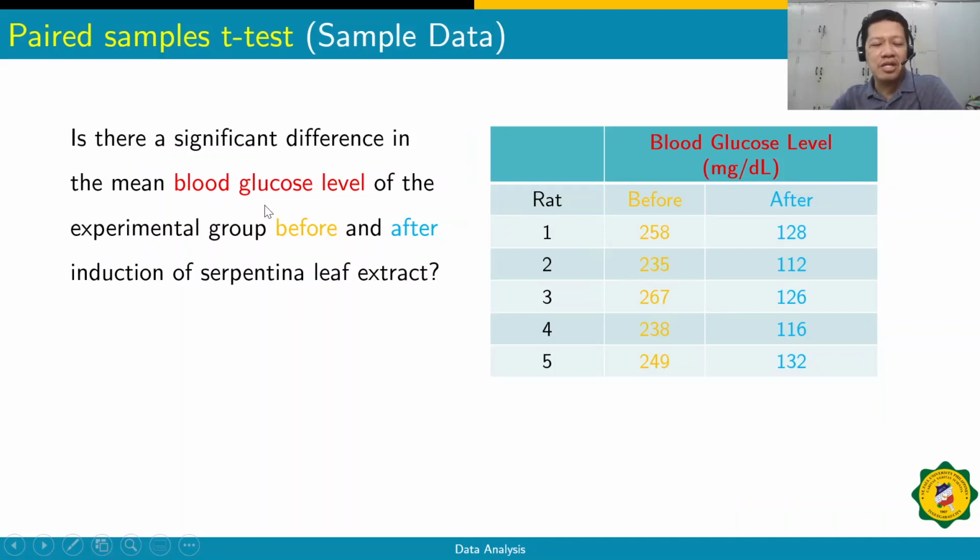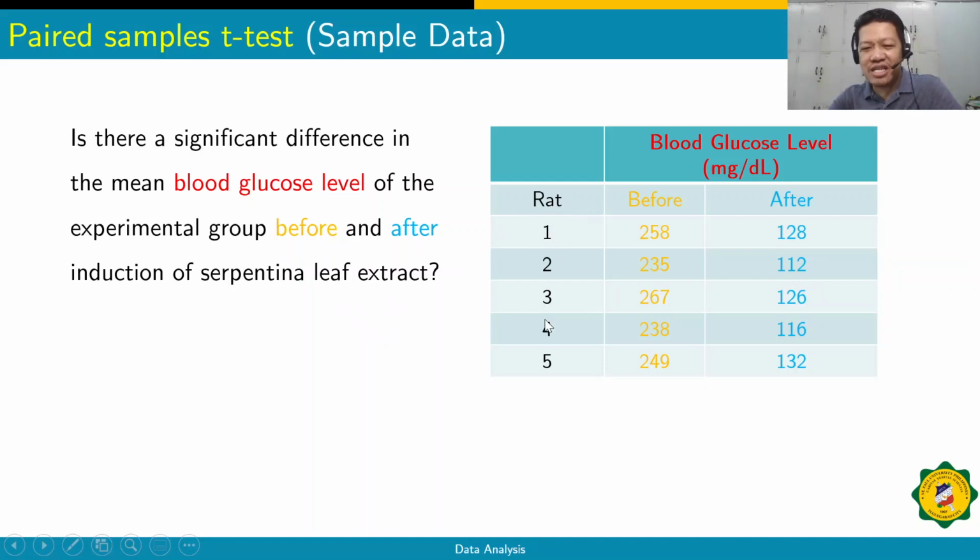Another example in pure experimental research. For this SOP, is there a significant difference in the mean blood glucose level of the experimental group before and after induction of serpentina leaf extract? Since this is an experimental research and we have a treatment here of leaf extract, our subjects here are rats, no?